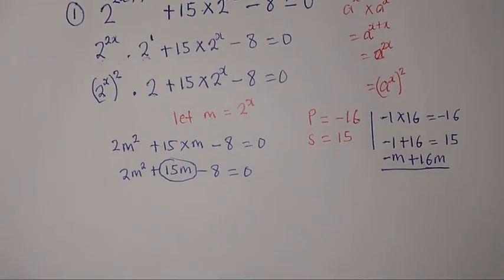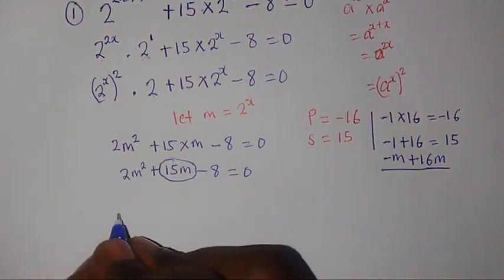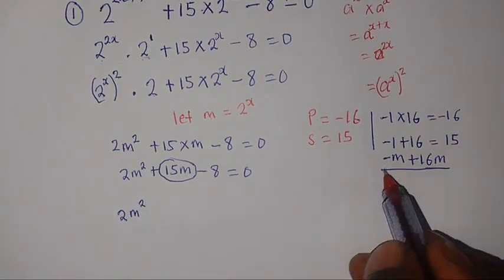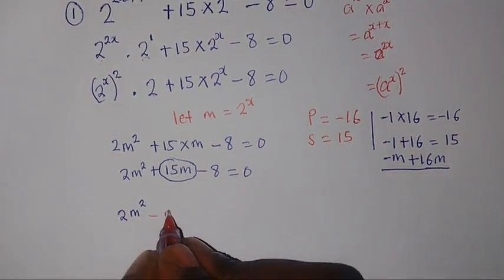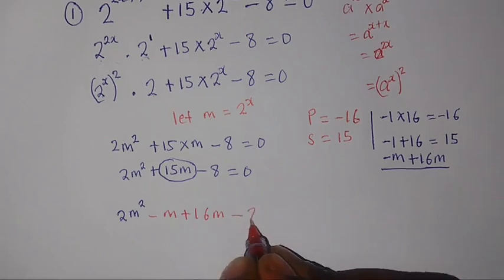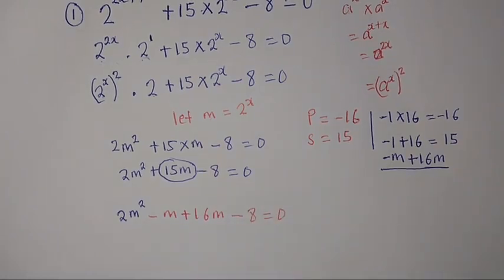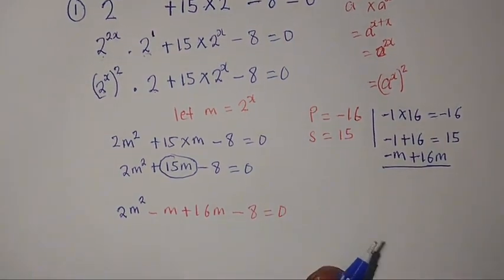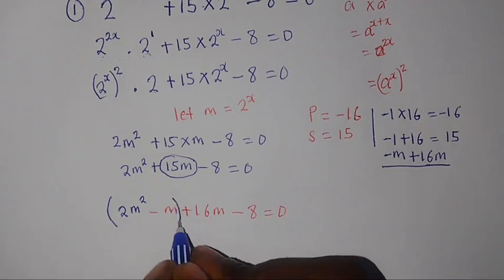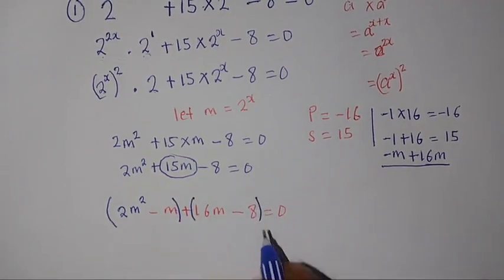Okay, so I hope you are following. We are going to write 2m squared, minus m, plus 16m, minus 8, is equal to 0. From here now you can see you have four terms. You can group them so that you factorize.